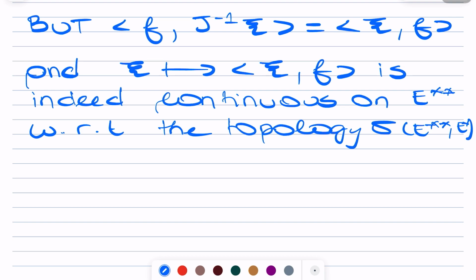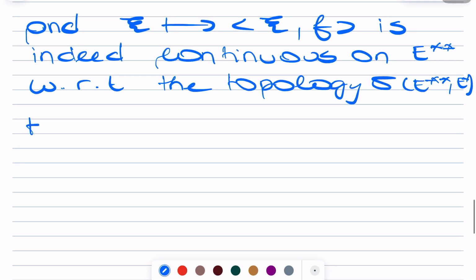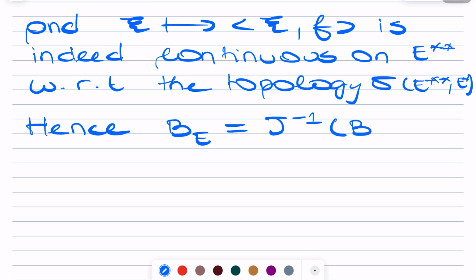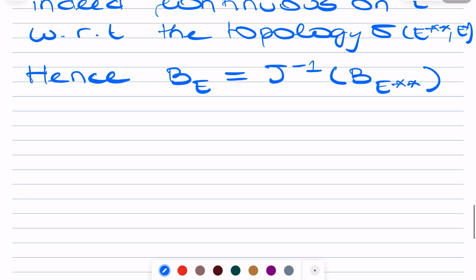So hence, as I said earlier, the closed unit ball in E is nothing less than the pre-image of the closed unit ball in the bidual, right, via a continuous map.